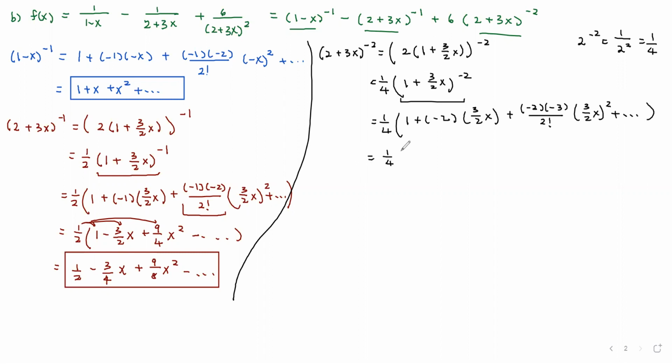So that is 1 over 4. Negative 2 times 3 over 2 is just negative 3. And that part here is 6 over 2 factorial, that is 6 over 2, which is 3. And this part is 9 over 4 x squared. 3 times 9 will give us 27, so we have 27 over 4 x squared.